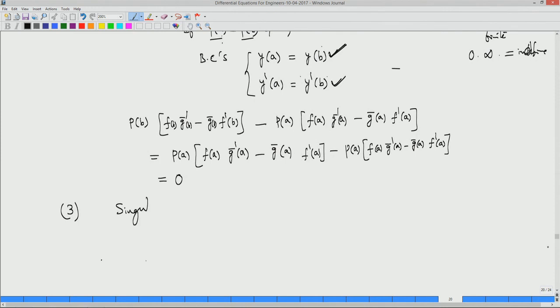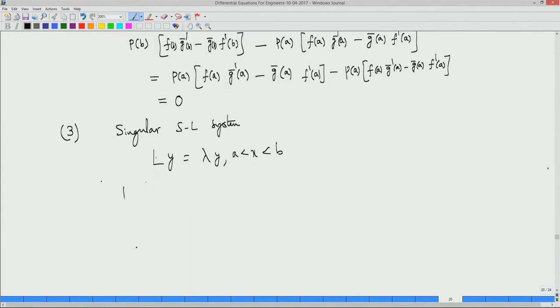Okay. Singular Sturm-Liouville system. Again you have Ly equal to lambda y, x is between A and B, and you will see three different cases here. P of A is 0, or P of B is 0, or both P of A equal to 0 and P of B equal to 0.